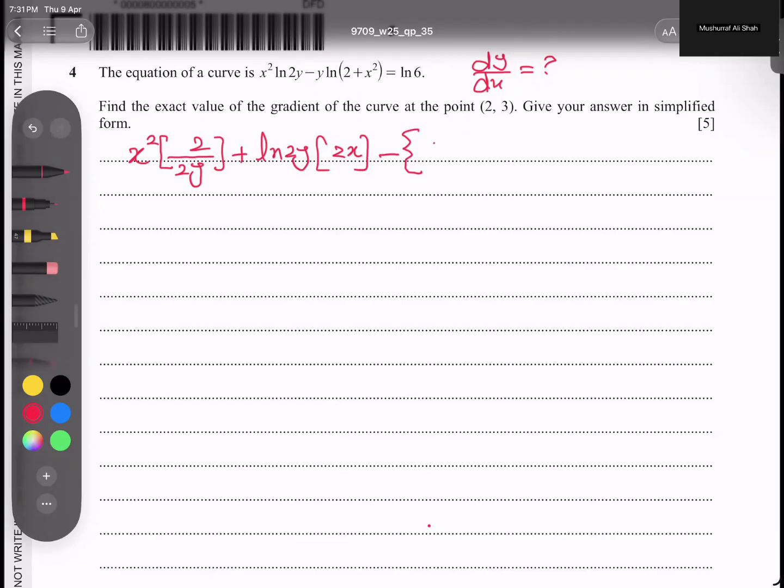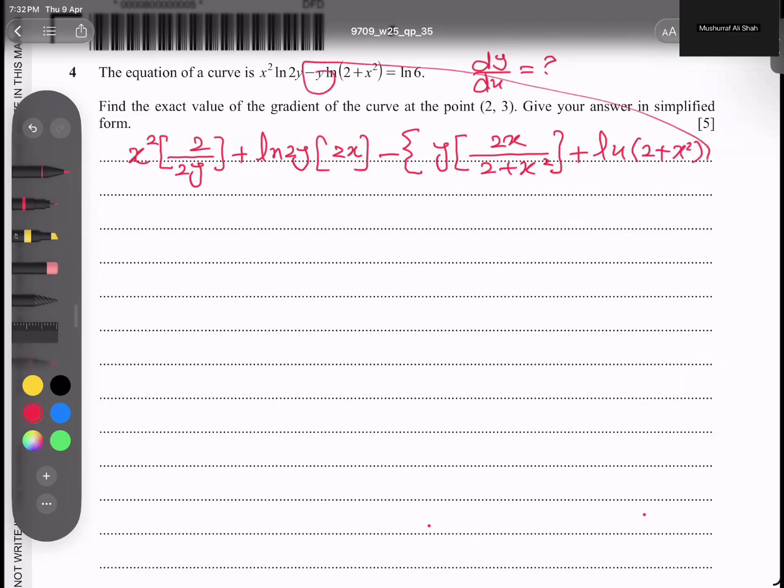Now again, same story, y copy, and in the bracket I'll differentiate the second function, which is 2 plus x squared goes down, and in the numerator I'm writing 2x. Plus sign, now I'm writing log of 2 plus, sorry, one mistake is there. Hold on, let me correct. I just got it now. Listen to me, log of this one.